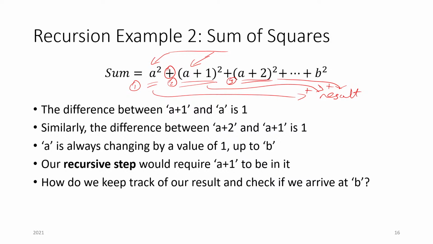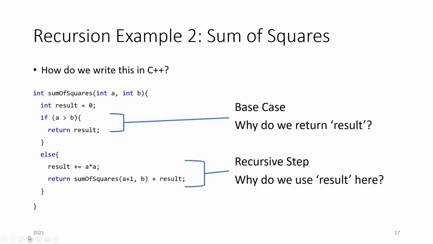That's why we need to add them together here. So the result of a plus 1 squared needs to be added, because of addition, to the result of a squared from before. That's why we have our plus equal here, to keep track of the results as we go up in values of a for each recursive step.